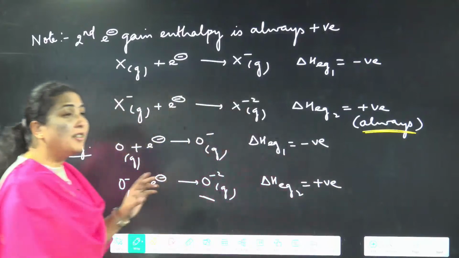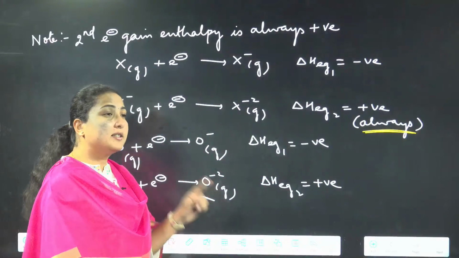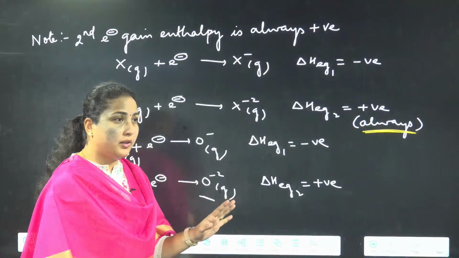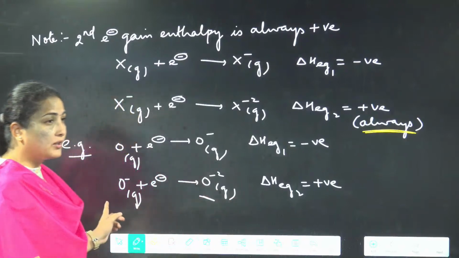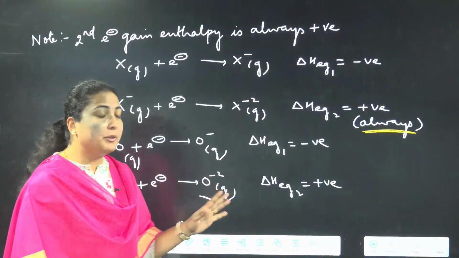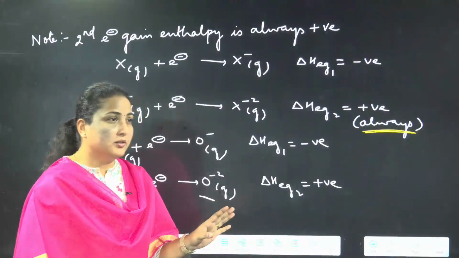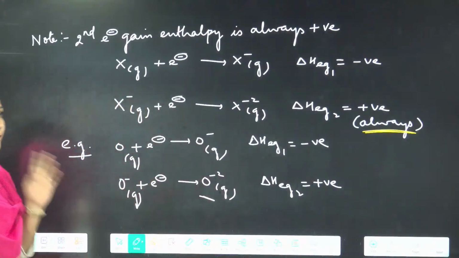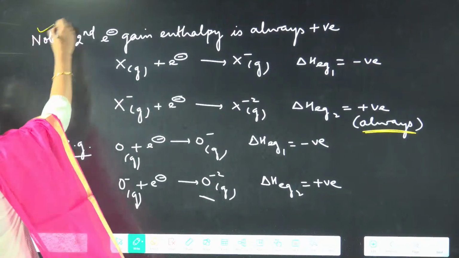So I'm saying that irrespective of whether you are getting a stable electronic configuration or not, it doesn't matter. Ultimately, the second electron gain enthalpy has to be endothermic, right? So you need not get confused here, okay? This is important.